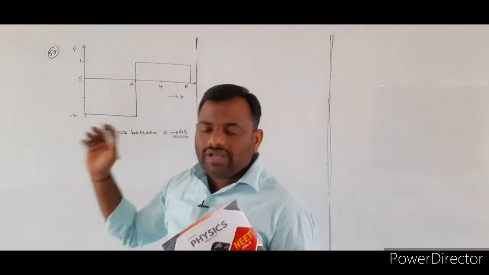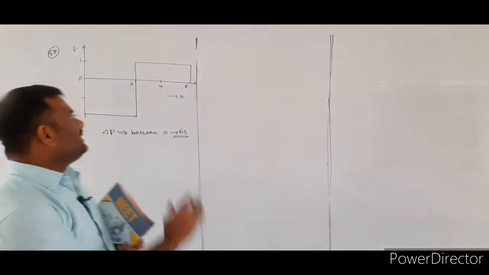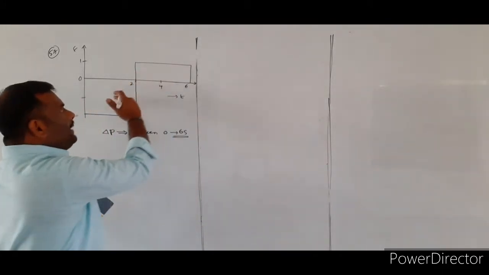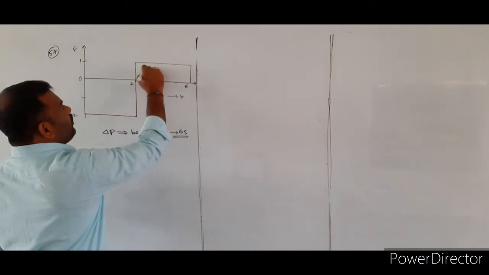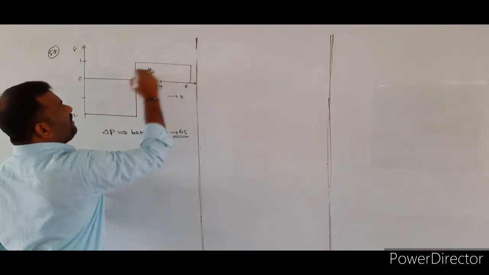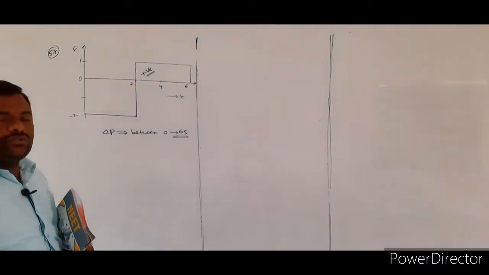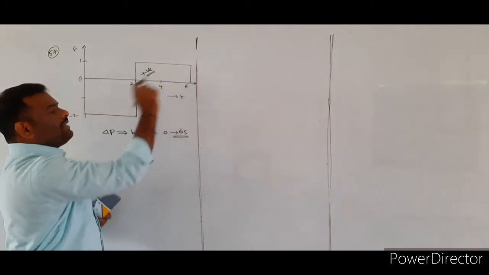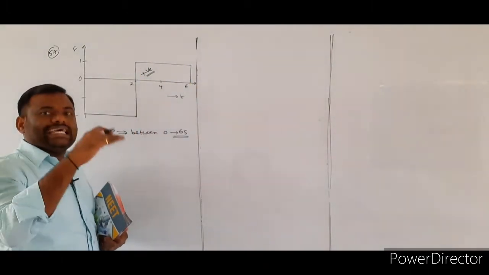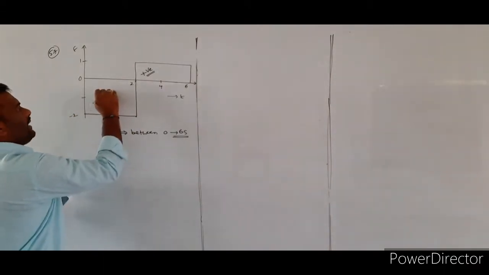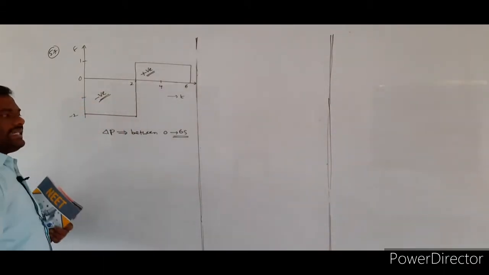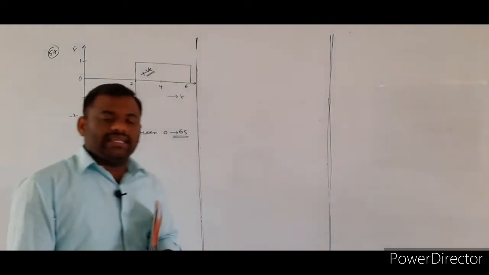So here, whenever the area is represented above the x-axis and below the x-axis, whatever area you get above the x-axis will be taken as a positive value. The area which is bounded by the graph below the x-axis will be taken as a negative.